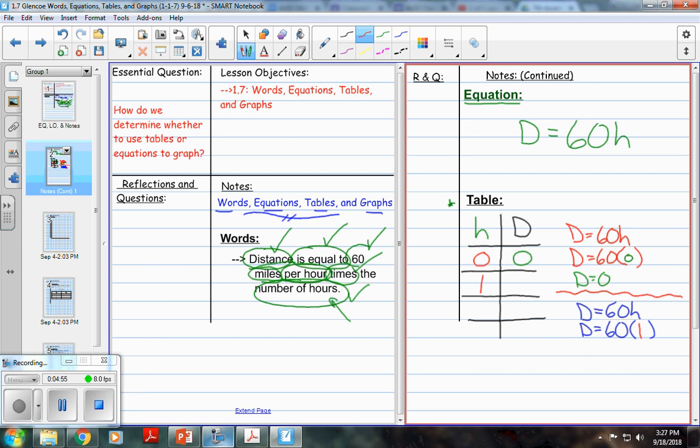And 60 times 1, oh, well, that equals 60. So what we're really doing here is we're creating ordered pairs based on numbers we're choosing. We're going to choose one more number. I'd love you to perform this math for, what's an easy number past 1? Yeah, you're right, it's 2. I know, overwhelming, huh? And again, we're going to model that.